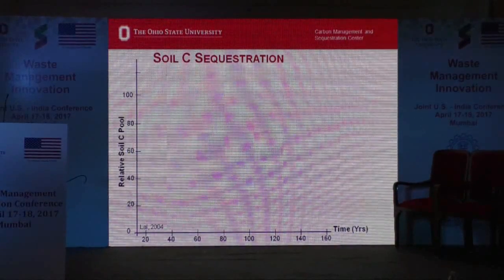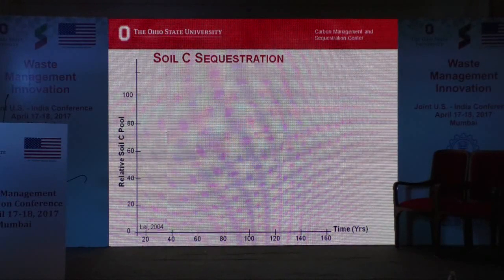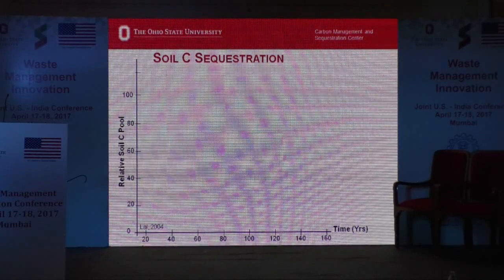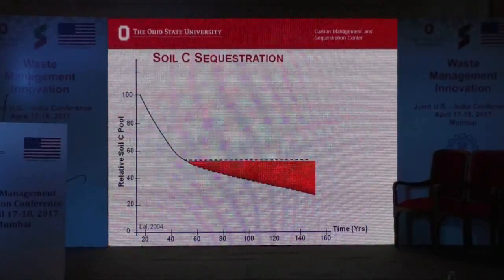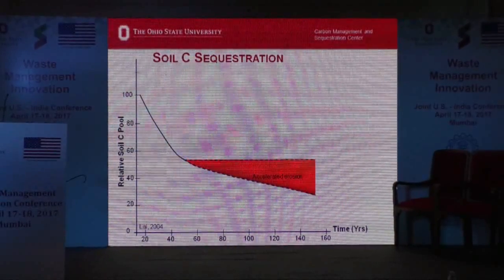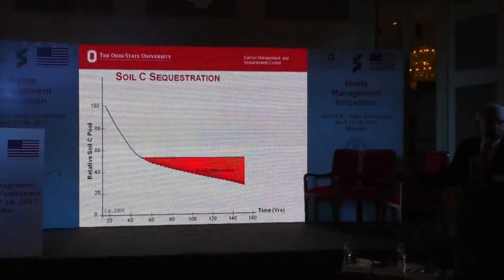Now the way the process happens is, supposing on the y-axis I have plotted carbon pool of a soil, on the x-axis I have plotted time. When I convert a natural vegetation into agricultural ecosystem, the carbon pool of the soil decreases because of the conversion.